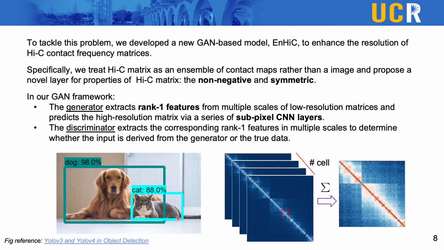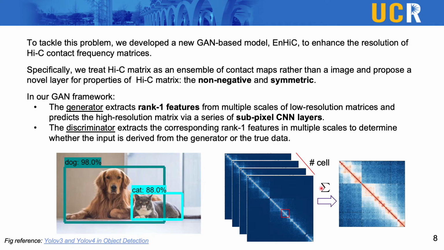In computer vision, convolutional neural networks discover the local features in the image. Here, we treat the Hi-C matrix as a summation of contact maps rather than an image, and utilize the properties of the Hi-C matrix, non-negative and symmetric. It not only discovers the local features, but also extracts the features from the third dimension, the dimension of cells.